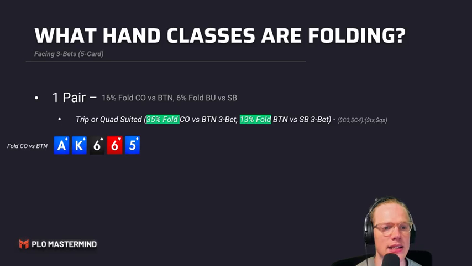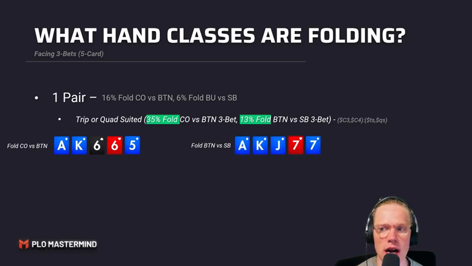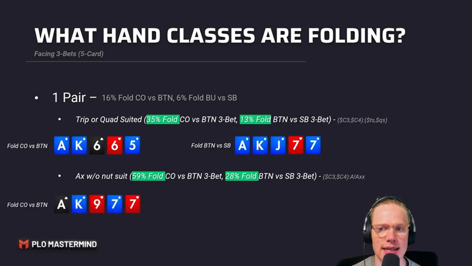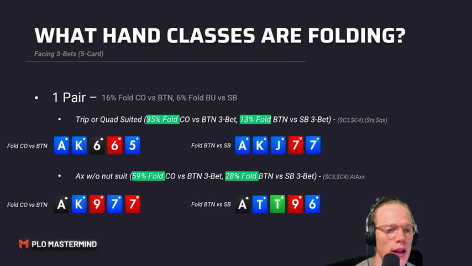A hand like ace, king, 6, 6, 5, or a hand like ace, king, jack, 7, 7 are going to be folding in their respective spots. And again, the pattern with the non-nut suit holding the ace is holding true in this instance as well. Hands like ace, king, 9, 7, 7, and ace, 10, 10, 9, 6 are going to be folding as well. You can see that this is a very consistent pattern across all our folding hand classes.